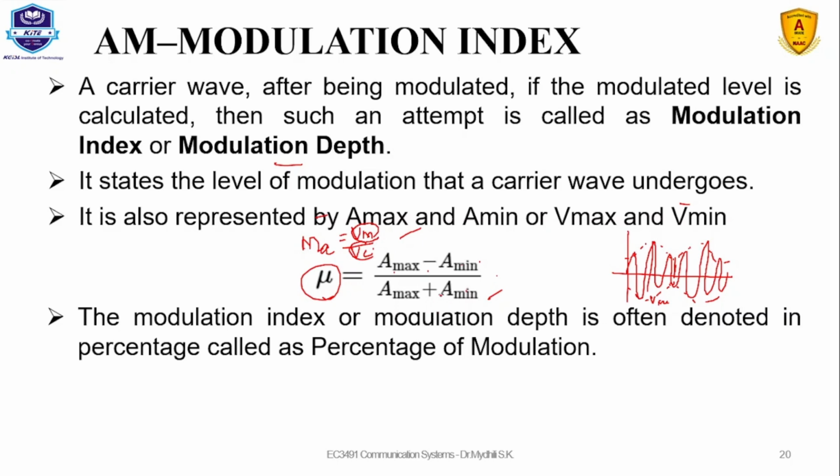Often the modulation index is denoted as a percentage of modulation. After getting the modulation index by substituting the values, simply multiply it by 100 to produce the percentage modulation.